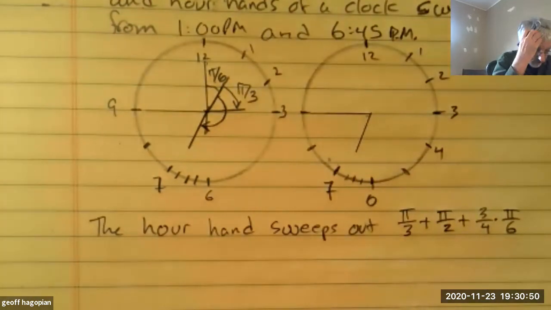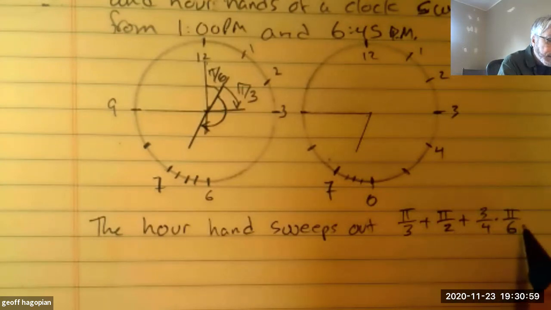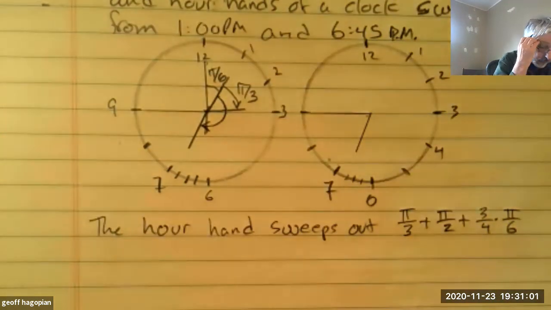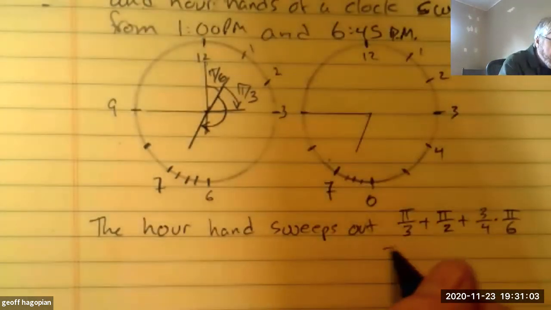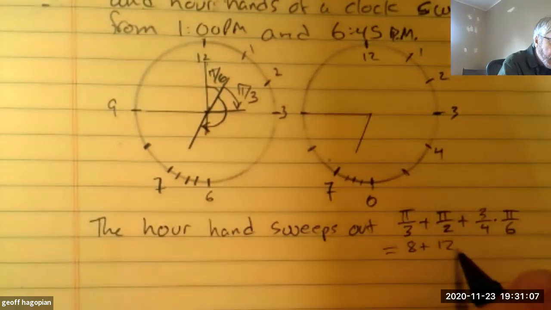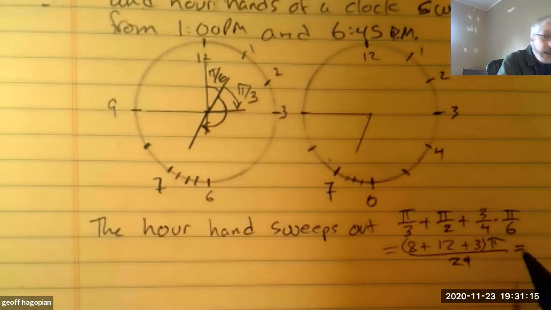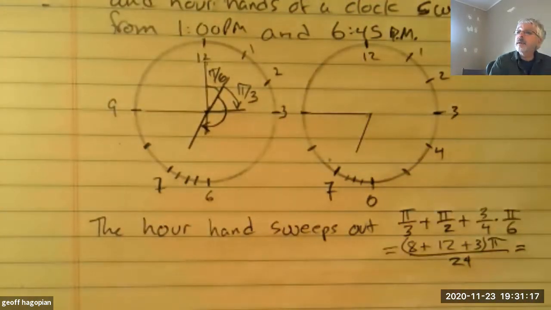Divide and conquer. So this is eighths. I think 24th is the least common denominator, right? So this is 8 plus 12 plus 3 pi over 24, which is a total of 23 pi over 24.